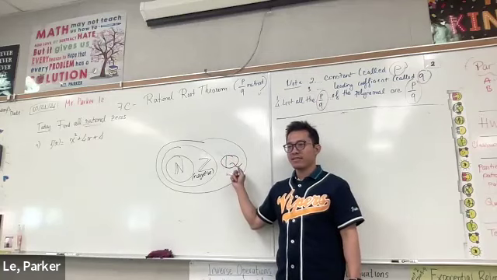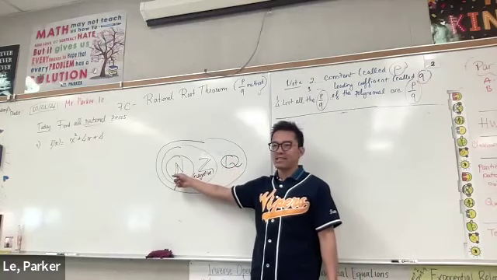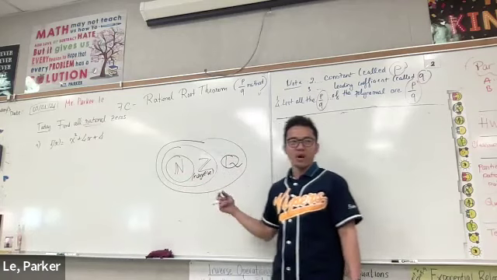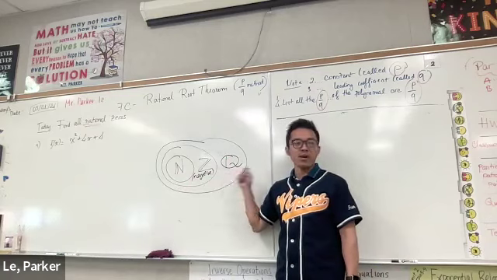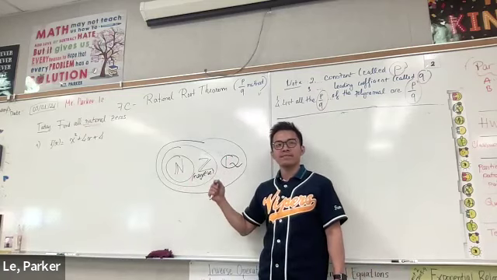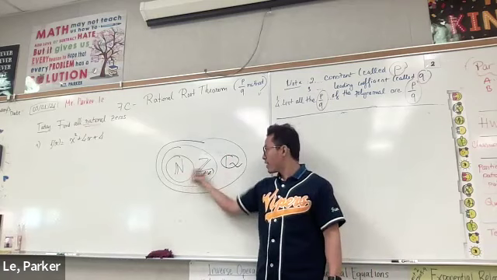The letter is Q. I don't know where they got the letters; N is right, but later on, I don't know where they got these. Maybe you can Google it. But it's Q. Q is rational numbers. What are rational numbers? They include integers, and the positives and natural numbers are already in the integers.